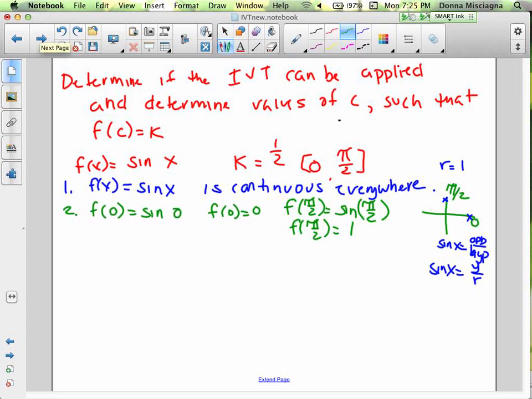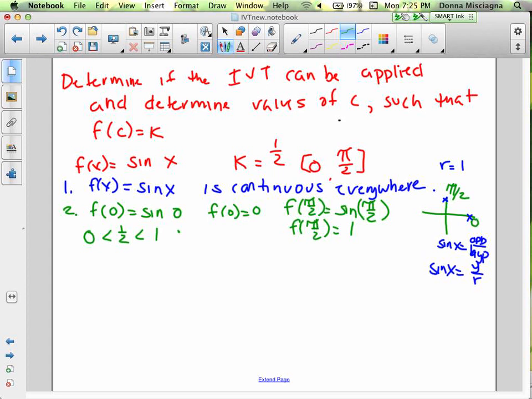All right, so we have 0 and 1/2, and we have pi and 1. Looking at the wrong thing. All right, so we've met that.